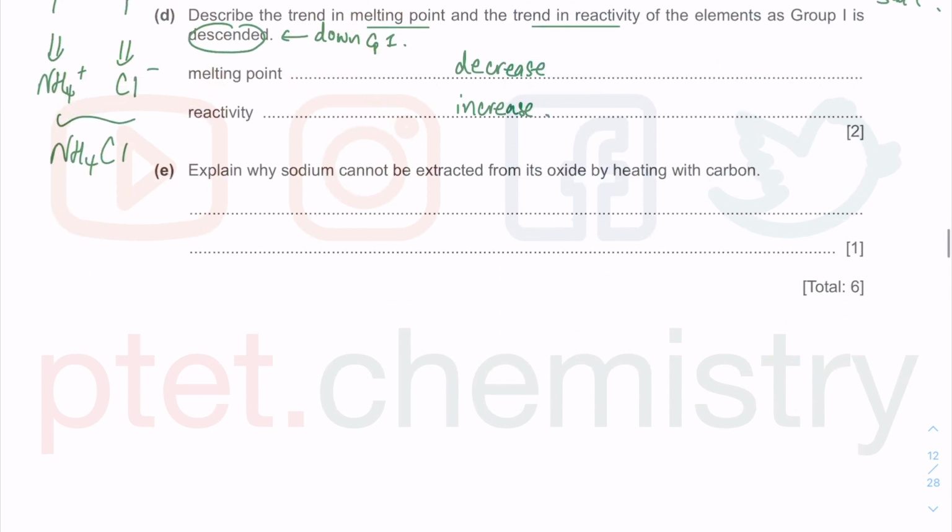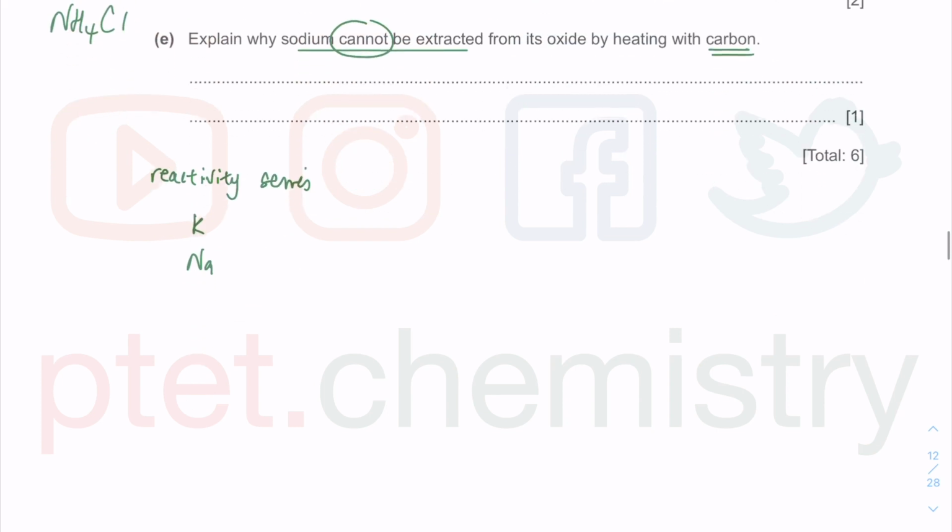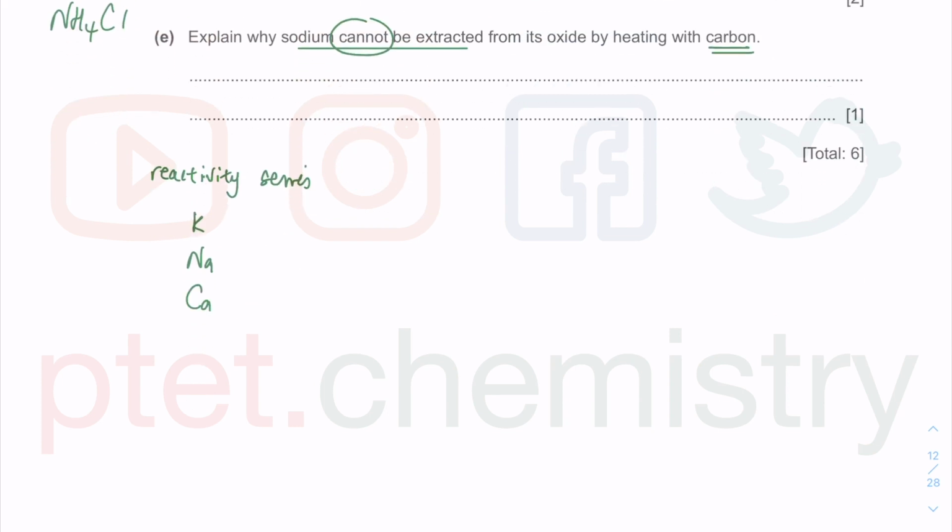Next one, last question: why can sodium not be extracted by heating with carbon? If you think about the reactivity series, you have potassium, sodium, calcium, magnesium, aluminium, zinc, iron, though the iron symbol is Fe.